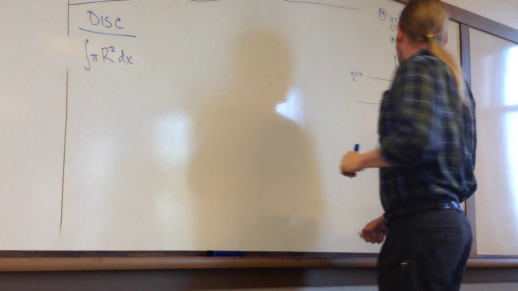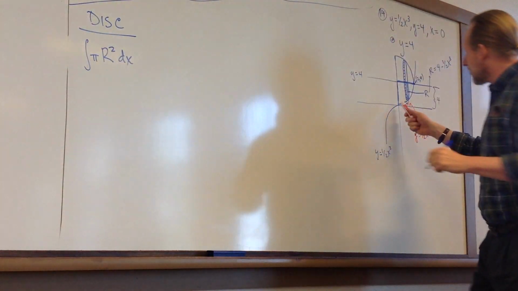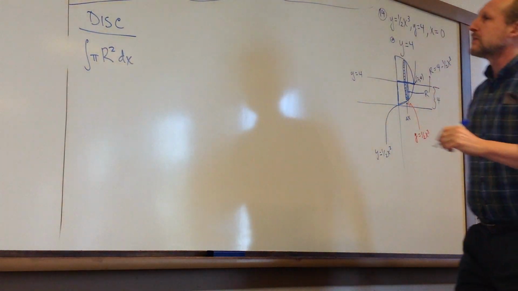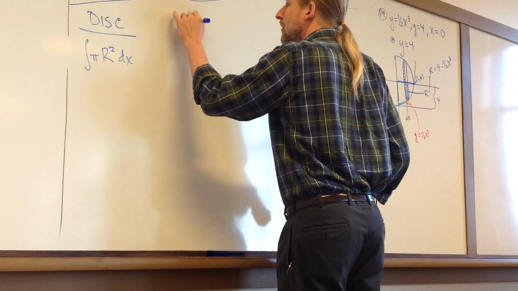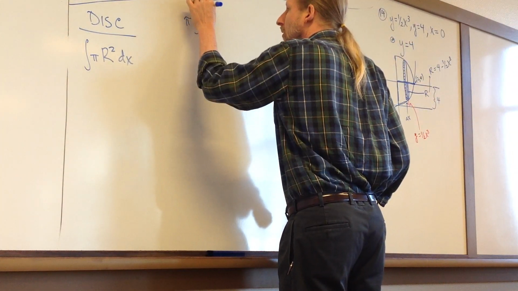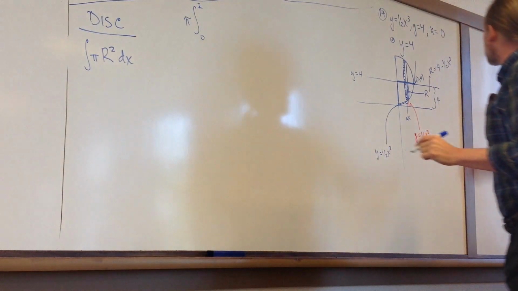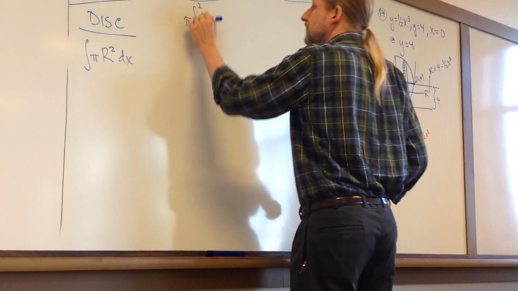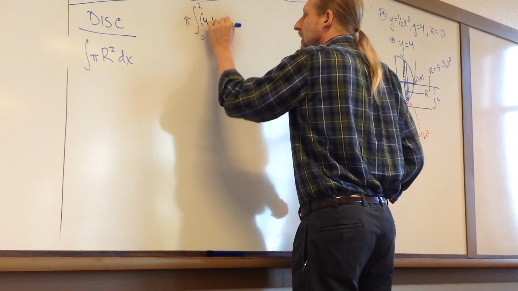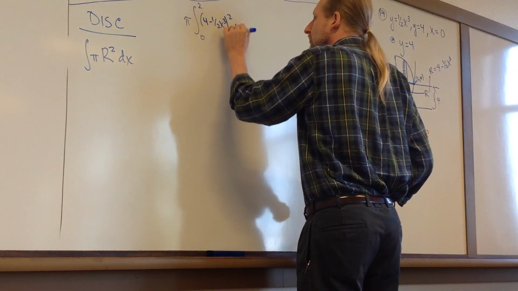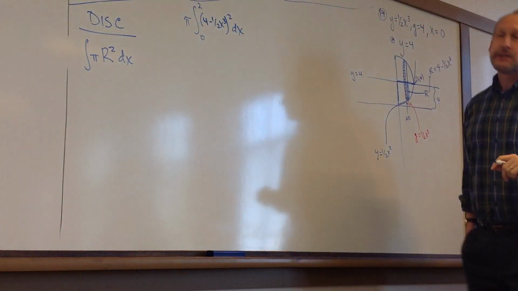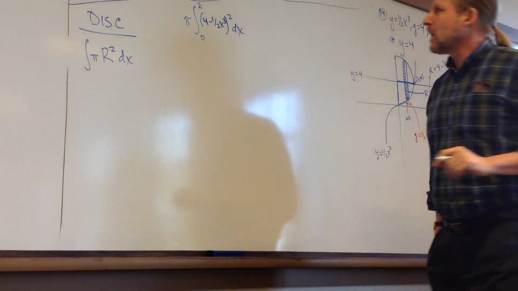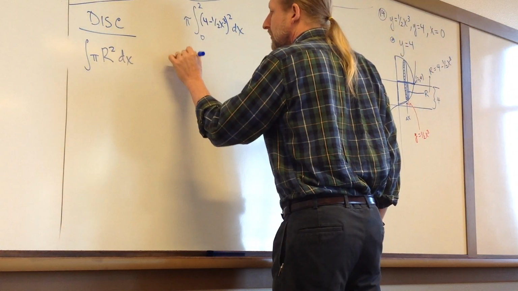And so our limits of integration are going to be from x equals 0 to x equals 2. And then our radius, like I said, is 4 minus a half x cubed all squared. So there's our integral.